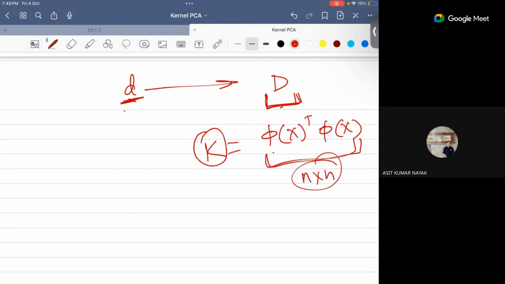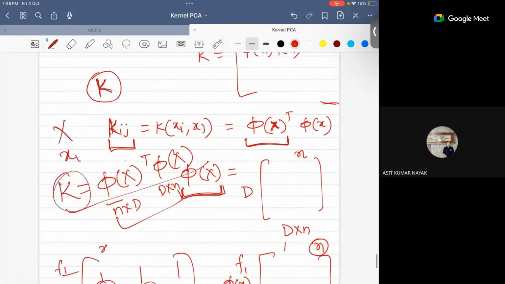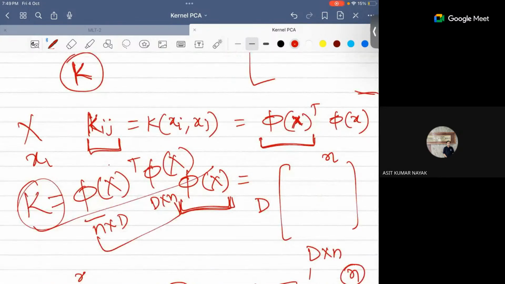Okay, so where is the confusion, where you are not able to understand? Can you tell me? I'll just go from there. So basically, after the mapping, N still remains the same, so that is why the kernel is N cross N?